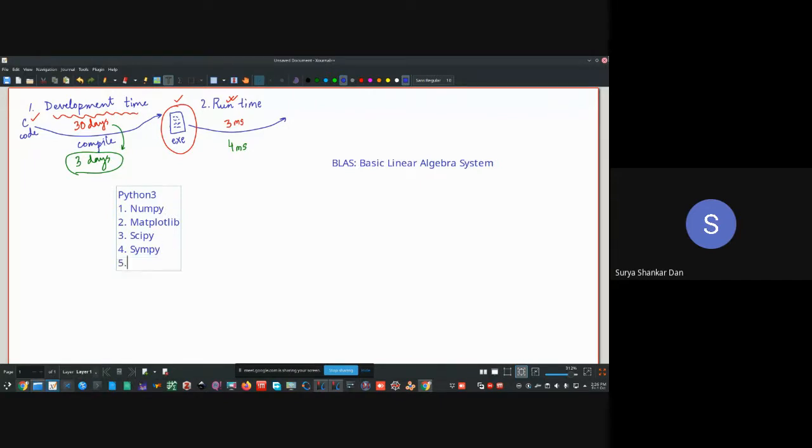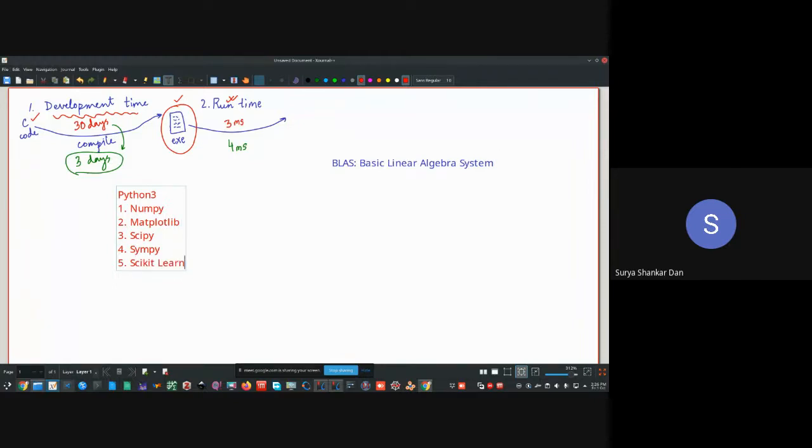And then number 5, I shall write it in red. So here the SymPy, and the other one I will write is scikit-learn.